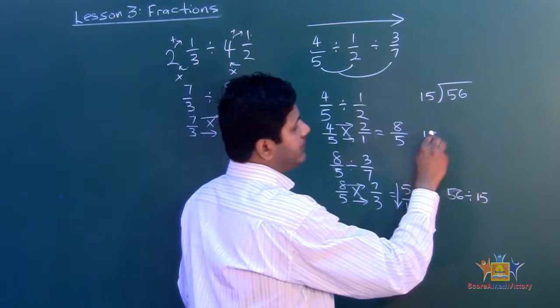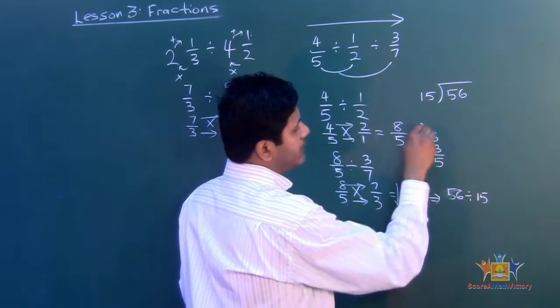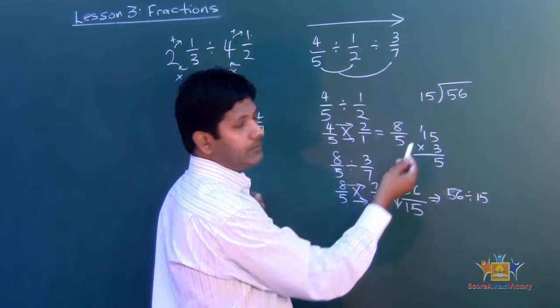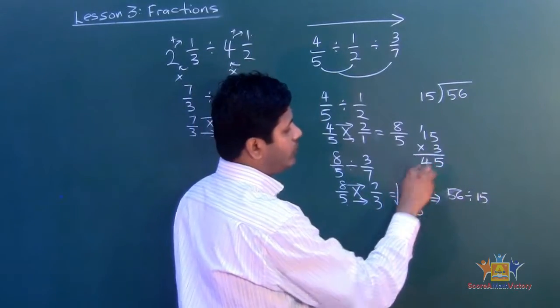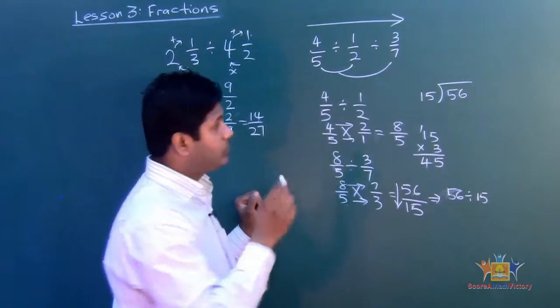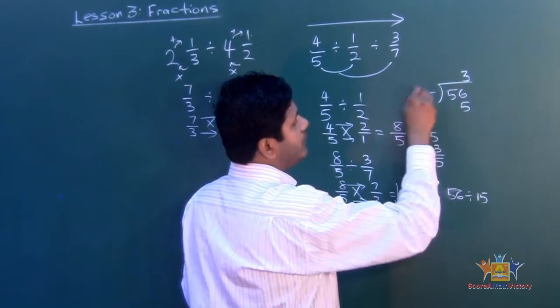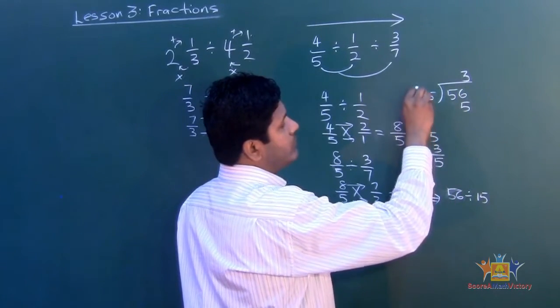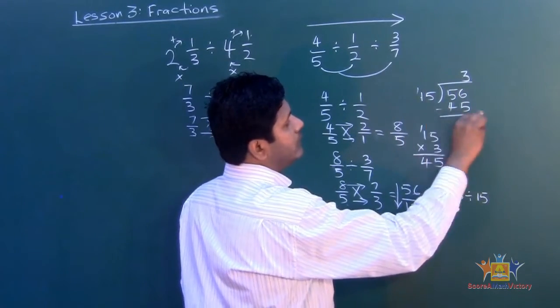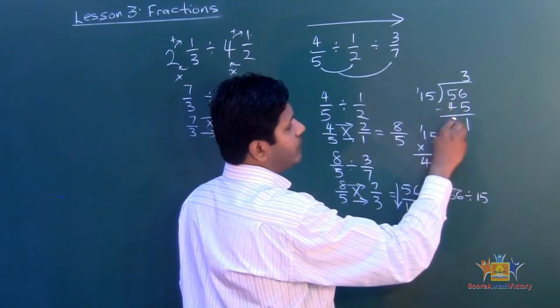So what you do is take the side and times it with 3. 5 times 3 is 15, carry 1, put 5 there, 3 times 1 is 3, plus 1 is 4, 45. Still falling below the 56, that means 3 works. So we're going to put 3. Then 6 minus 5 is 1, 5 minus 4 is 1.